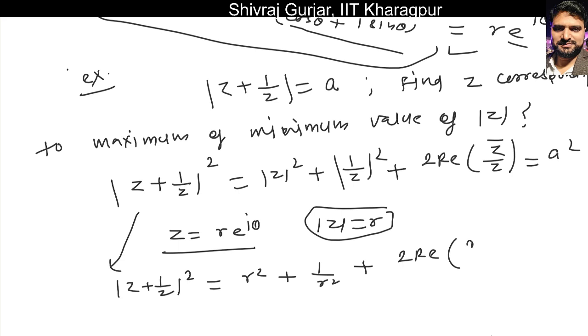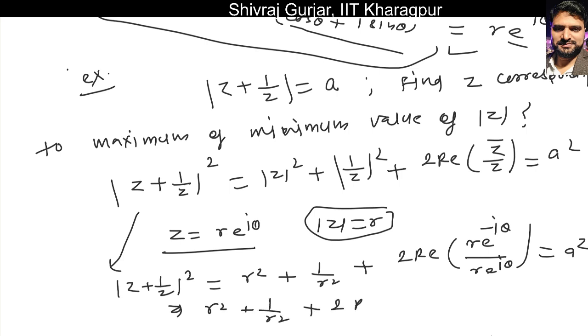Z bar is r e to the power iota replaced by minus iota, so z bar is r e to the power minus iota theta. That equals a square, that is r square plus 1 by r square plus twice real part of e to the power minus iota 2 theta, that is cos 2 theta minus iota sin 2 theta. We represented this in polar form, and this is done.